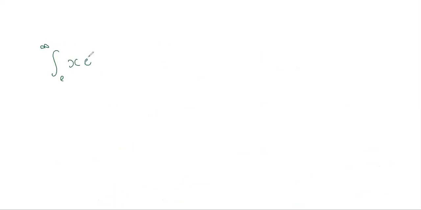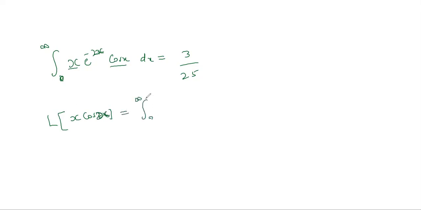Show that the integral of x e raised to power minus 2x cos x dx is 3 by 25. So how are you going to solve this question? On the left hand side you see the Laplace transform of x cos x. The Laplace transform of x cos x is going to be the integral from 0 to infinity of e raised to power minus px times x cos x dx.